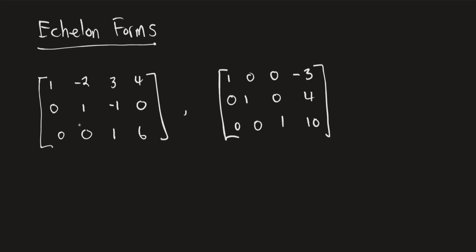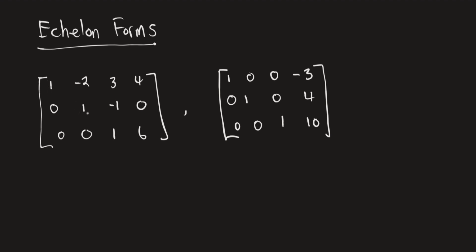Another way to see it is, to get that particular triangular form, we have to make sure that the pivots in lower rows are further to the right. So for instance, the pivot in this second row is further to the right than the pivot in the first row.